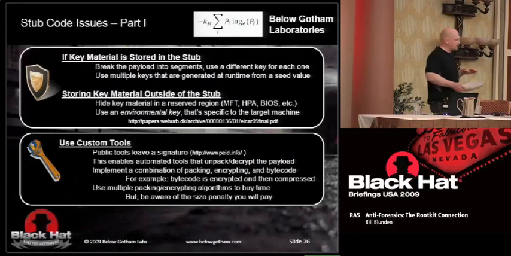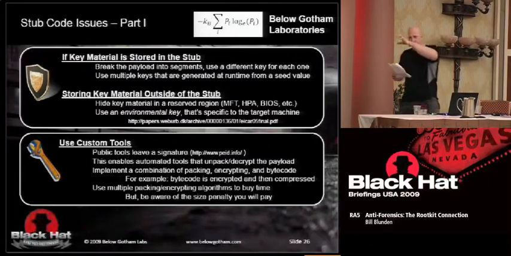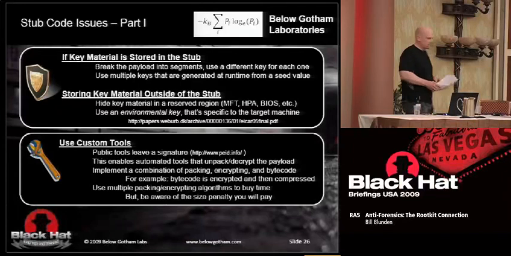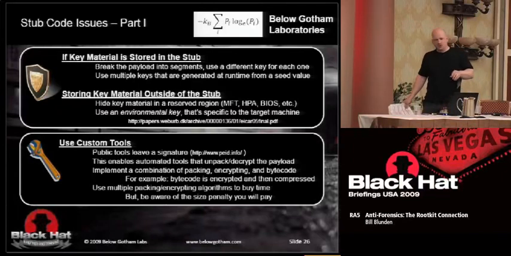So if you're using a cryptor, in other words, you've encrypted the code and that stub is going to be decrypting the executable at runtime, you have to worry about key management again. If at all possible, you don't want to store the key in the stub or even in the body of the application.